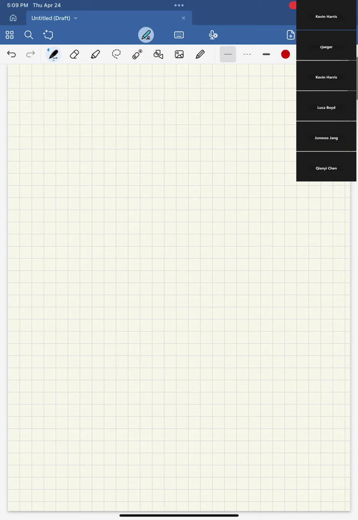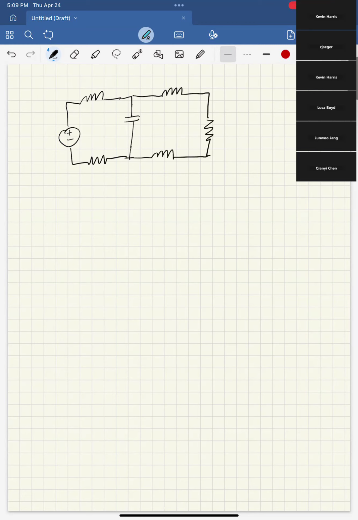So our dotted ones are there. If it isn't clear, this is a resistor, and this is a resistor, and these are inductors.